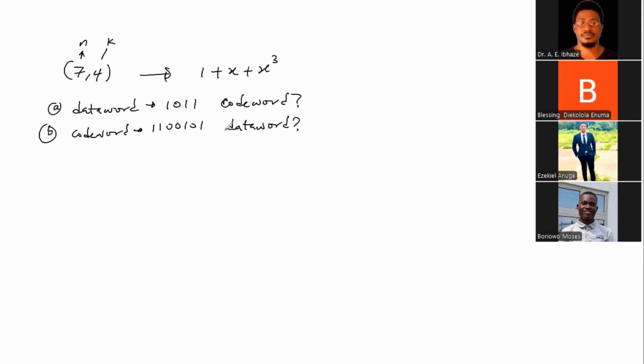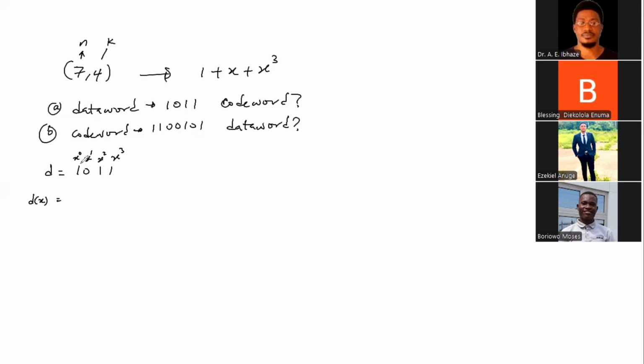Now, we have the data word in this instance. If data word D is the same as 1011, we can pull the polynomial from this. So D of X will be the same as, if this is X0, X1, X2, X cubed, what do we have?